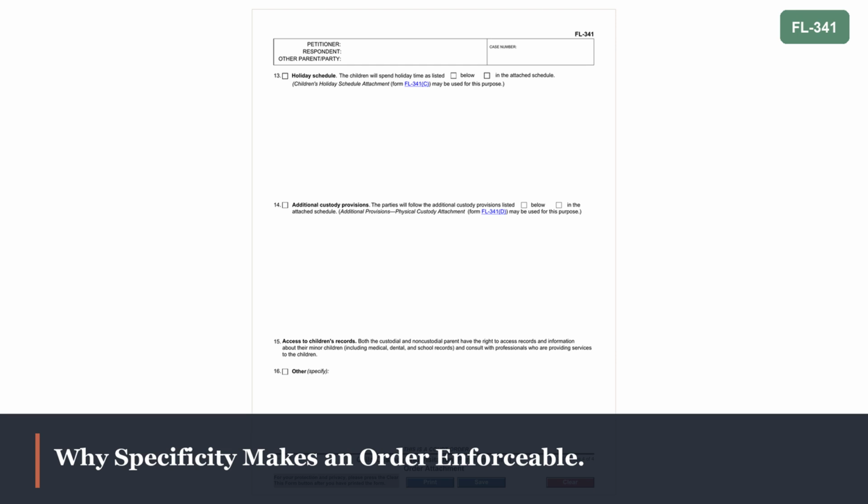A specific order, with named days, times, and locations, gives both parents and the court, if it's ever needed again, something concrete to point to. This matters whether the order reflects a judge's decision after a contested hearing or an agreement the parents reached on their own. Either way, once FL-341 is signed, it functions as an order both parents are legally required to follow.